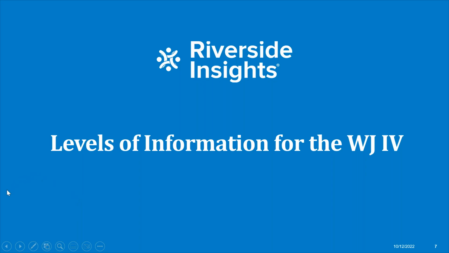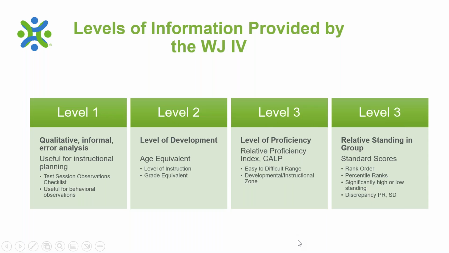So let's start by talking about the levels of information for the WJ4. There are actually 4 levels, although that says level 3 twice. There are 4 levels of information provided by the WJ4. The first level is qualitative, informal, or error information gathered through error analysis.